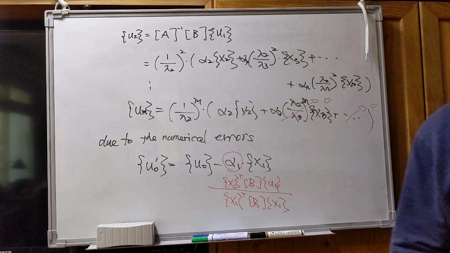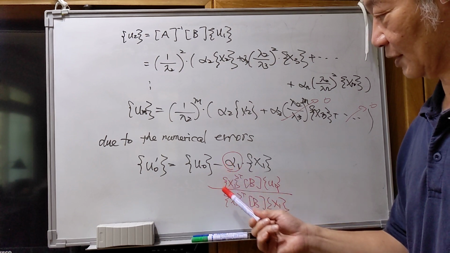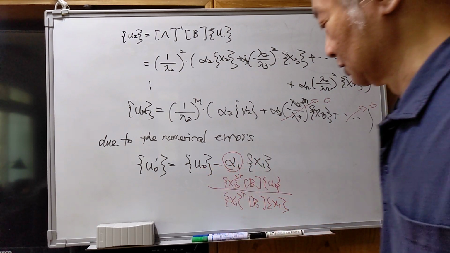If we have errors in x1, then the calculated alpha 1 is not so accurate.